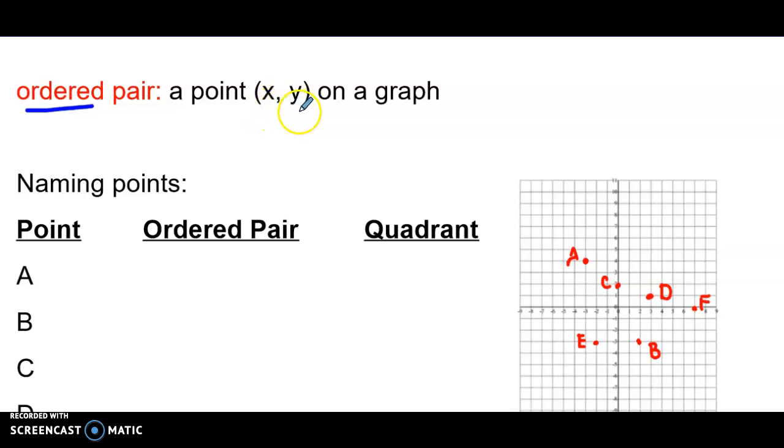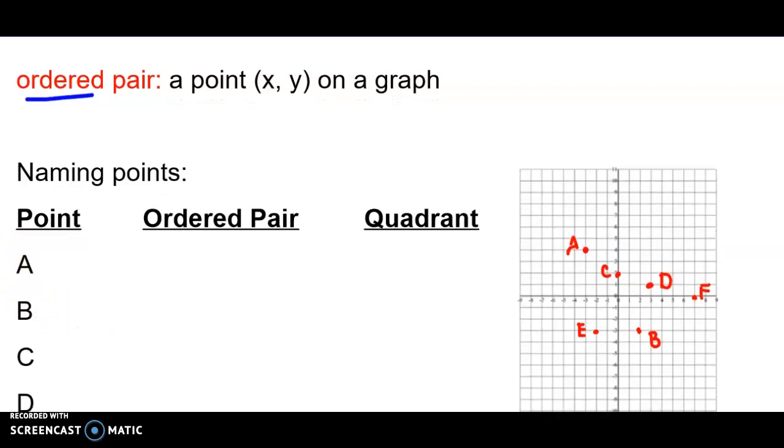That's the order it has to go in. And it's a pair because there are 2 numbers or 2 values, right? An x value and a y value. So that's 2 values. 2 means pair. Make sure you have everything that I've talked about and written so far. So if you need to pause it, go ahead and pause it.